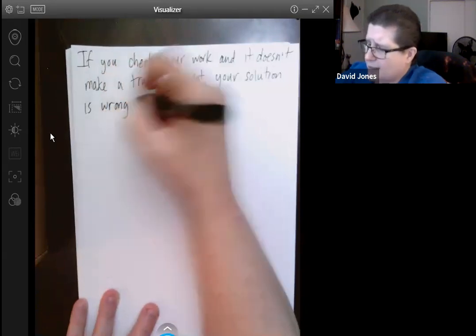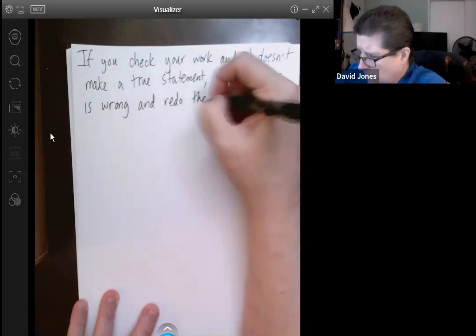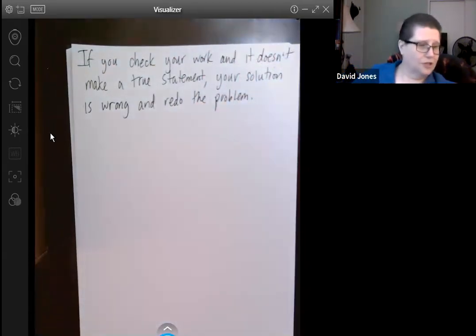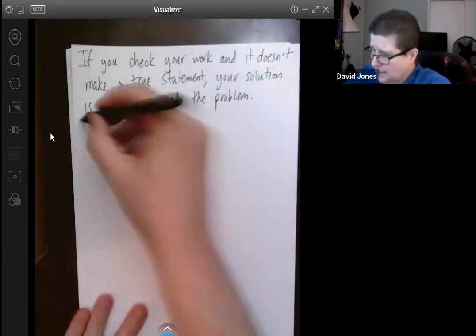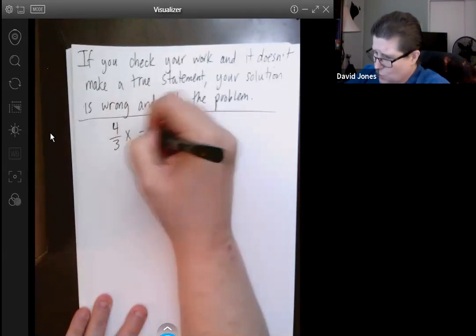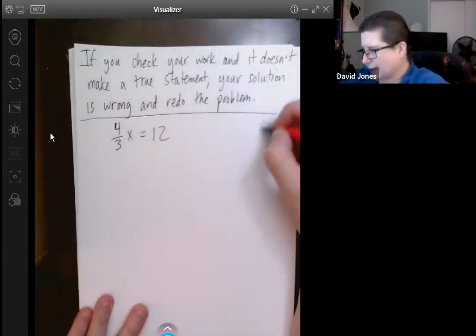And go back and redo the problem. I'm going to go back to that example I just gave. I had 4/3 x equals 12. We know x equals 9 is correct.